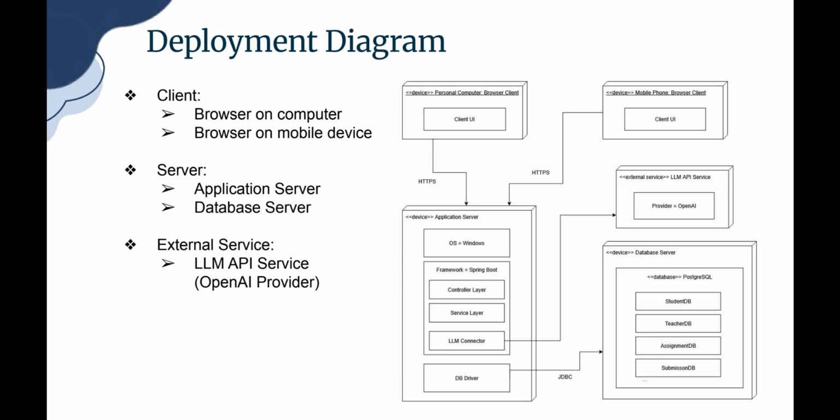The database server runs PostgreSQL, storing students, teachers, assignments, submissions, and other data for the system to use. Lastly, the external LLM service provided by OpenAI is invoked through secure API calls to support grading and intelligent Q&A functions.